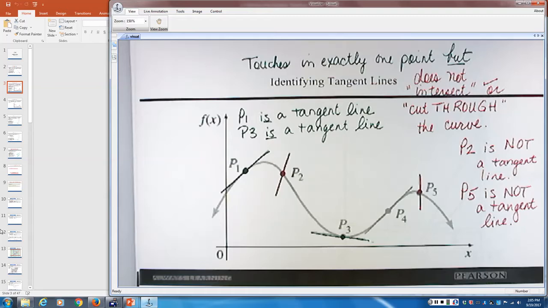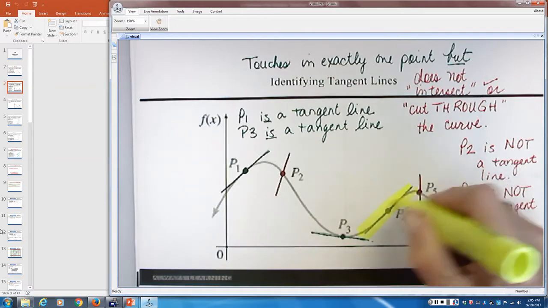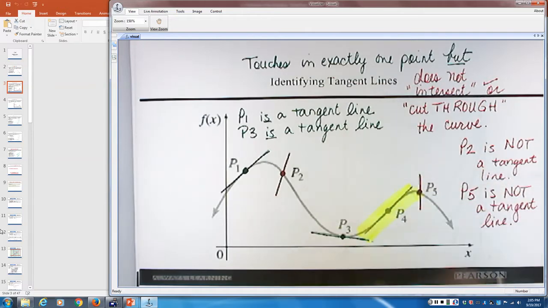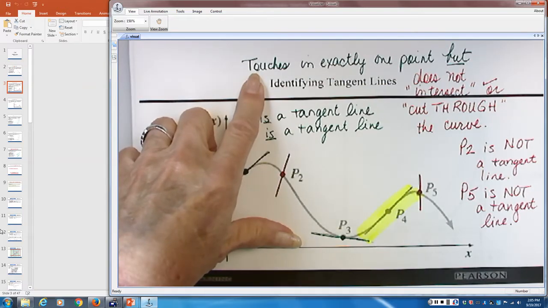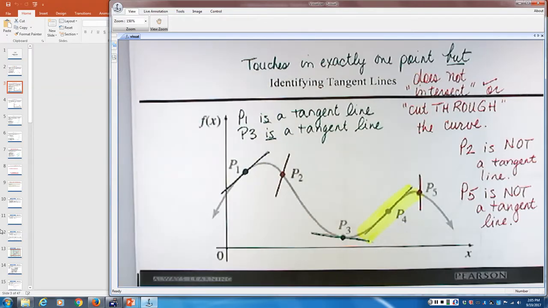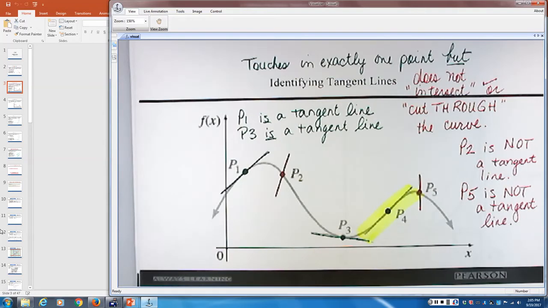Now the real question comes up, and we're not thinking in math terms here. We're thinking in visual terms, because most people are better at the visual terms. The real question comes up with what's going on at P4. So we're gonna go for the two questions. Does P4 touch in exactly 1 point? Well, actually, it only shows you the one, so we're gonna say, yeah, it touches it in 1 point. Now here's the problem.